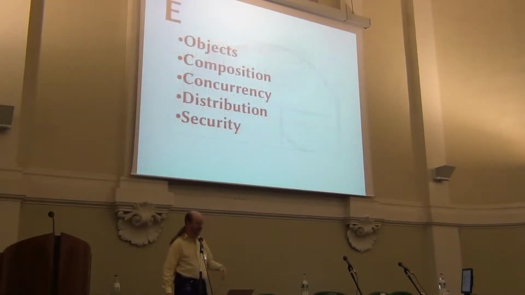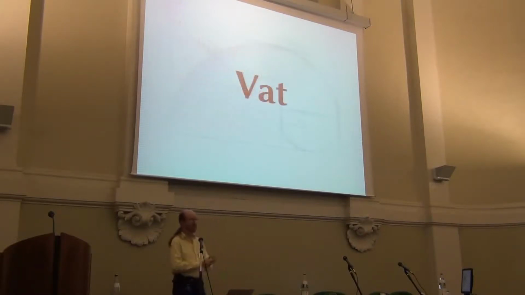So E is basically about objects, composing components, dealing with concurrency, dealing with distribution, dealing with security. E is actually known more for its security properties than for its concurrency properties. But like the picture of the unicorn, I'm going to zoom in on just the concurrency part for today because, yeah, no time. Okay, so the first concept of E is the Vat.